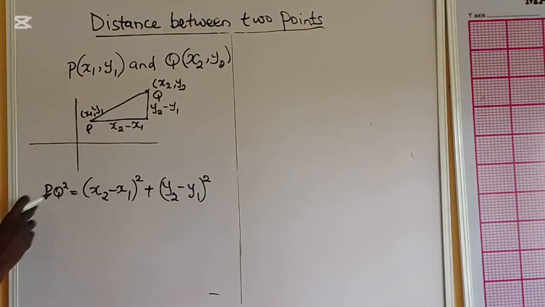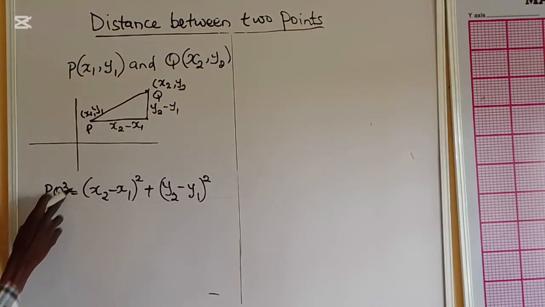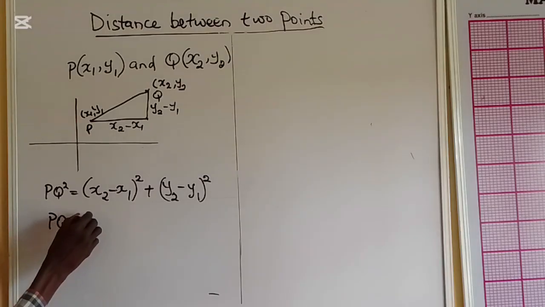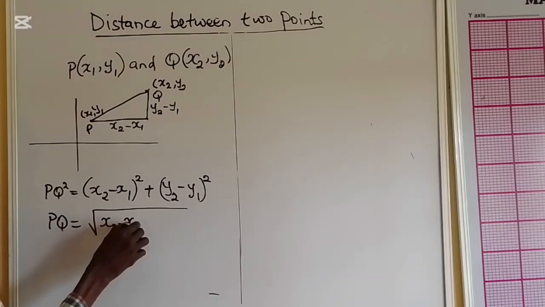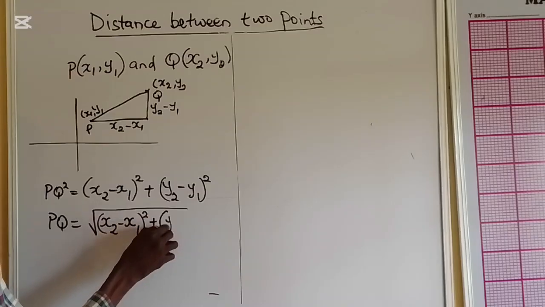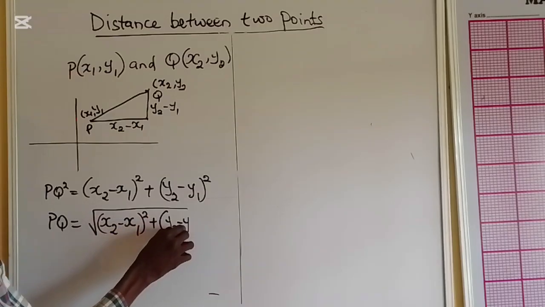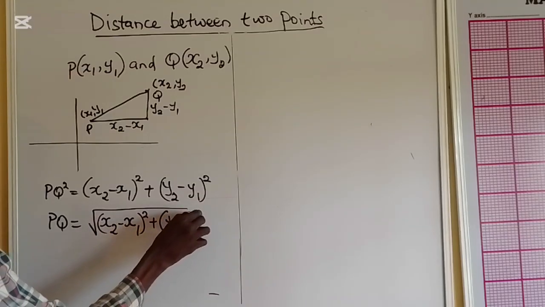When you take the square root of both sides, PQ will be the square root of x2 minus x1 all squared plus y2 minus y1 all squared.